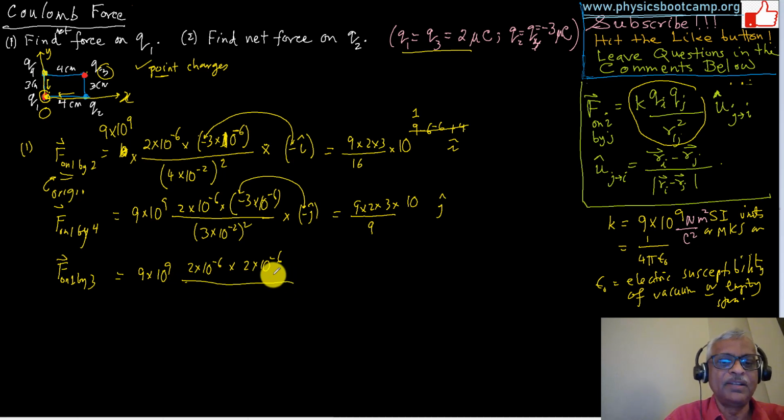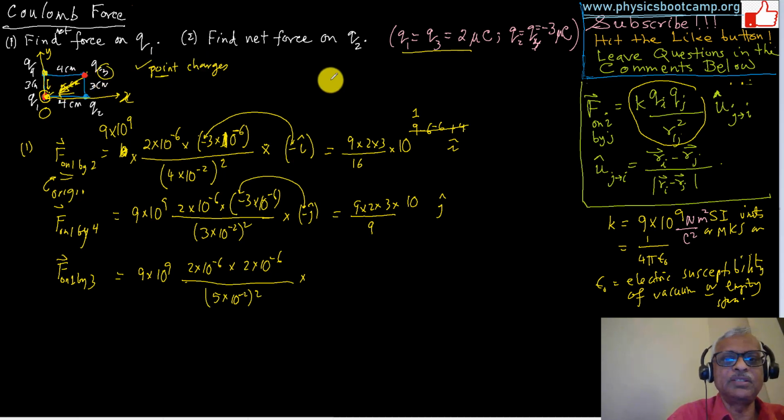And the distance between them, if this is 4 centimeters, then this will be 5 centimeters. So I have 5 times 10 to the minus 2 squared. And I want the vector in that direction.